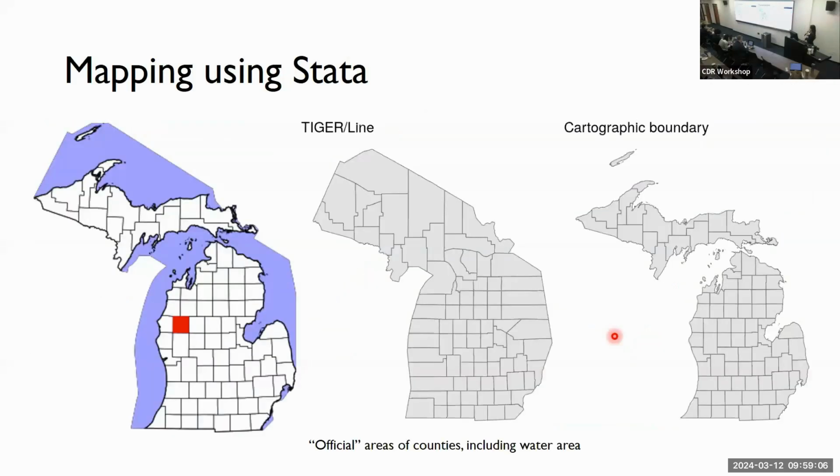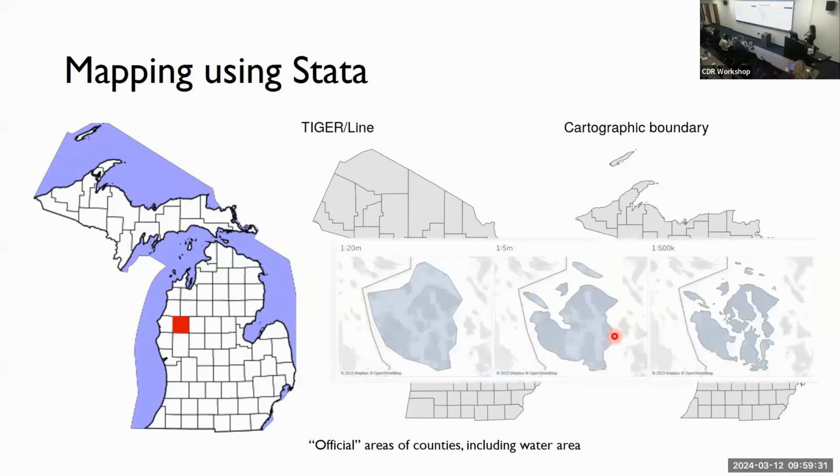So this is just another example. The left-hand side is the actual representation of Michigan, and if I use the TIGER file, it is the official area of the county, including water area. So that's why it produced a kind of unfamiliar look from what we expect, but the cartographic boundary shows a different representation.